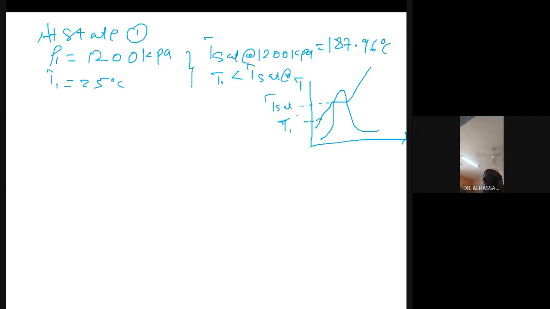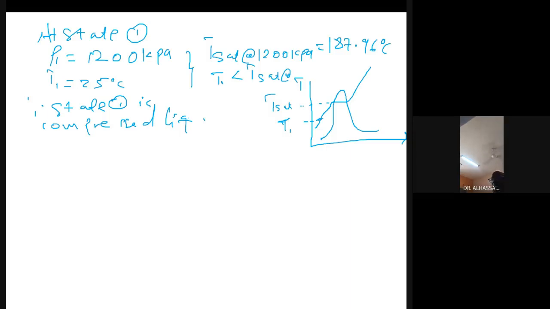So if that is the case, then we need to conclude that state 1 is in the compressed liquid state. So therefore, state 1 is compressed liquid.